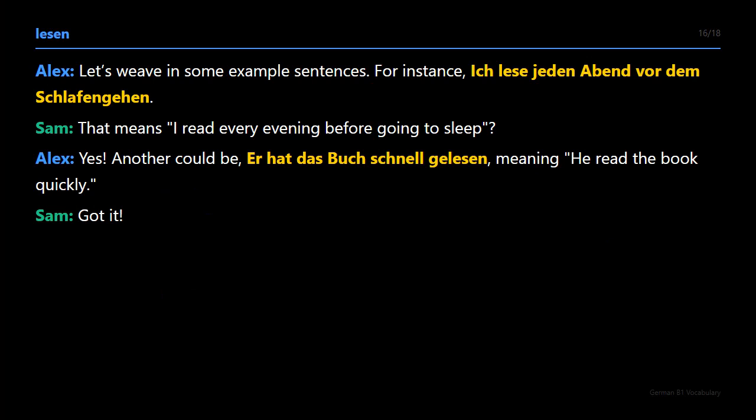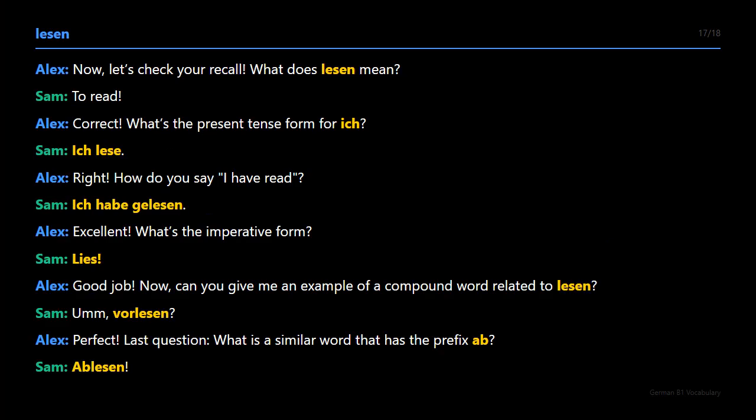Got it. Now, let's check your recall. What does lesen mean? To read. Correct. What's the present tense form for ich? Ich lese. Right. How do you say I have read? Ich habe gelesen.